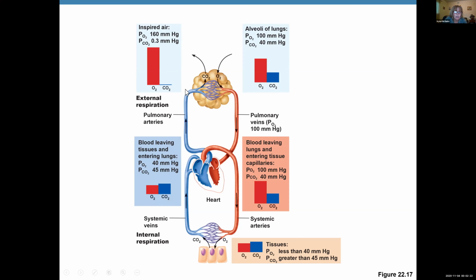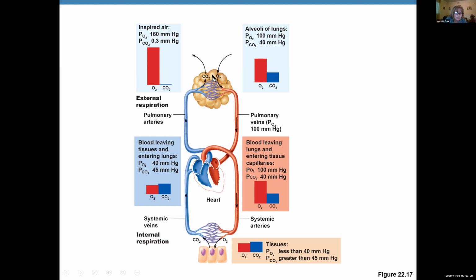So here's our alveoli, and here's the blood from the right heart, the right ventricle. What is its composition? 40, 45. This is the blood moving up to the lungs, to the alveoli. We have 45 here, the pressure of carbon dioxide. Inside the alveoli we have 40.